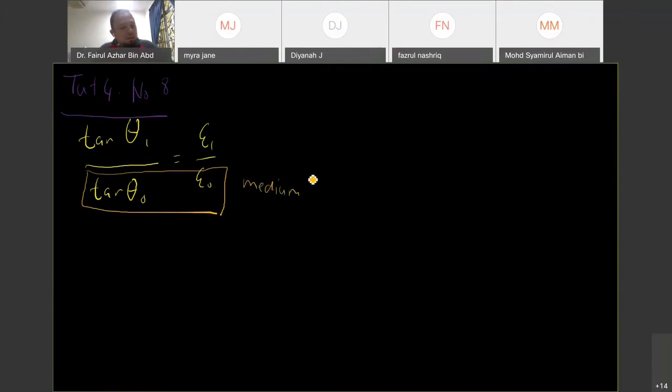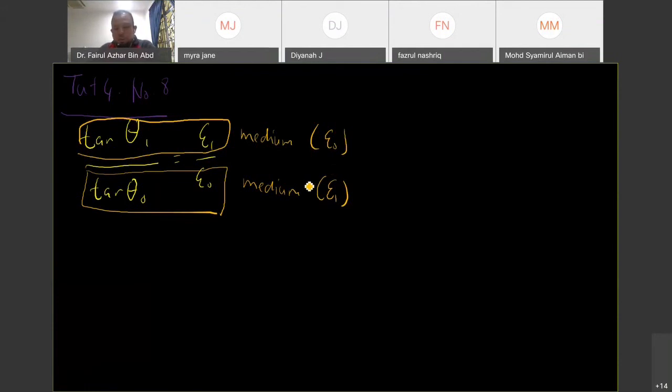In this case, let's say the medium governed by epsilon 1, for example. By referring to the question, this top equation will involve the parameters in the medium governed by epsilon naught.